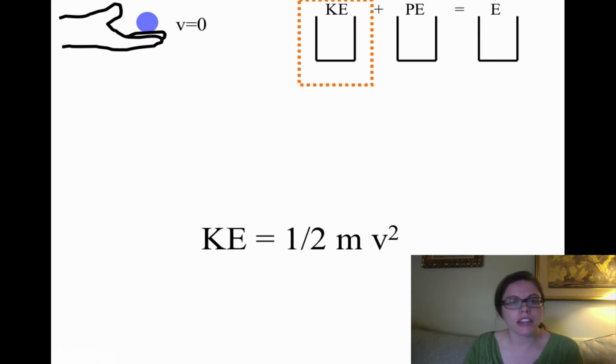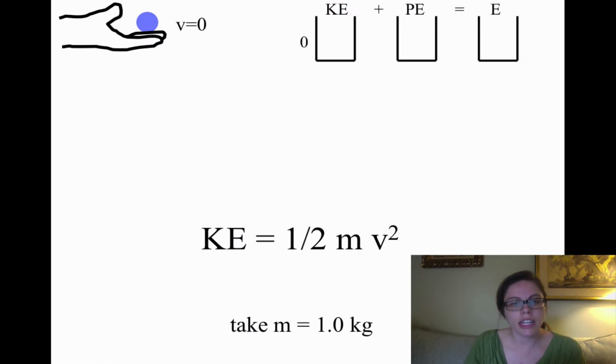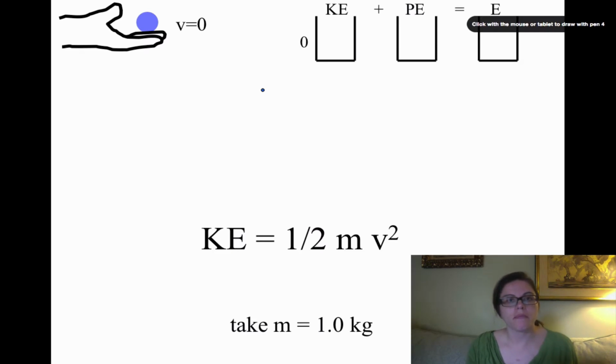So let's consider kinetic energy first. Remember that kinetic energy is equal to 1/2 mv squared. In order to solve this, we need to know the mass. So let's take the mass of the ball to be 1 kilogram for this example. So the kinetic energy would be 0. Now we need units here.